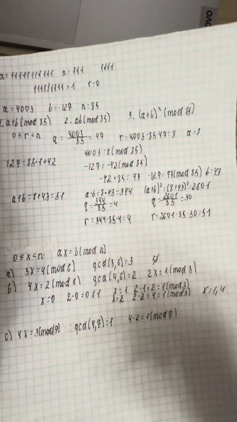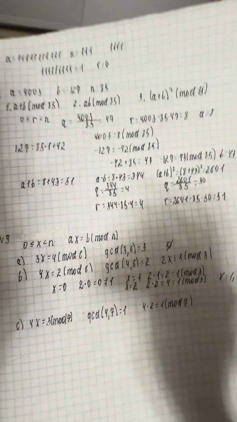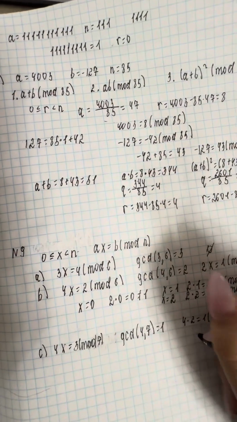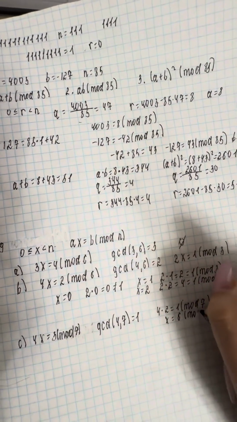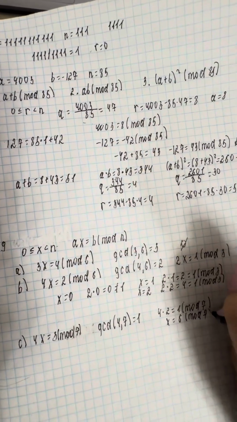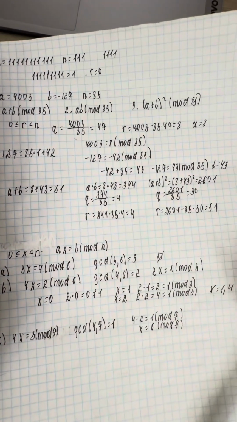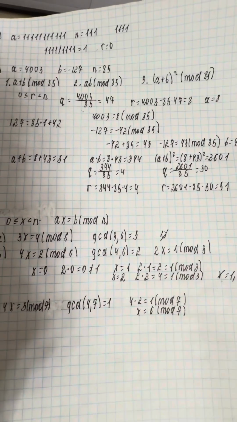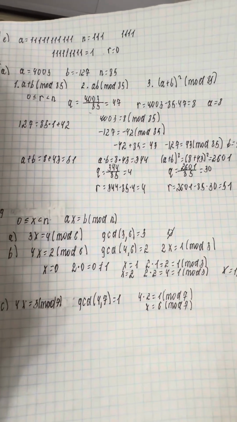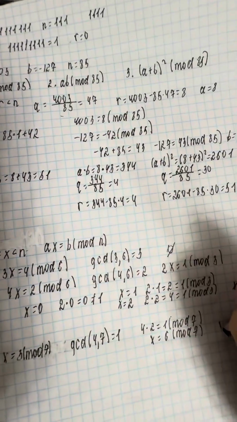Multiply both sides by 2, and x is equal to 6 modulo 7. Find the x between 0 and 7.